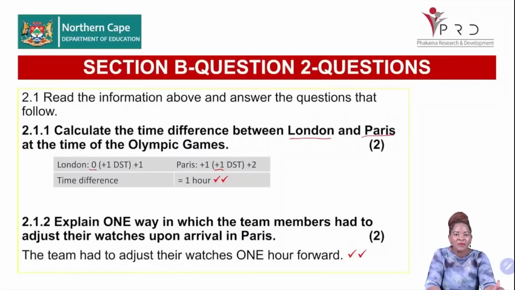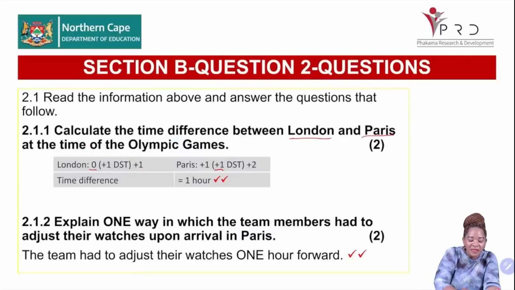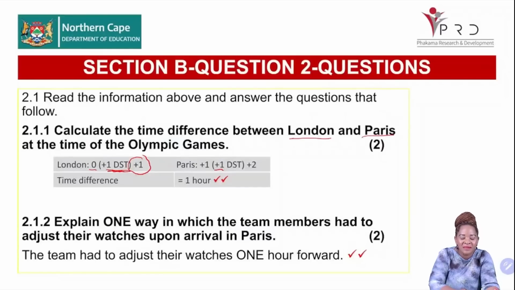And at the time of the Olympic Games, both cities were practicing daylight saving time or DST. So now that is why you see that London is now on a +1. Why is it on a +1? It is well explained there to say it applies DST. And also Paris, originally, it is on a +1.